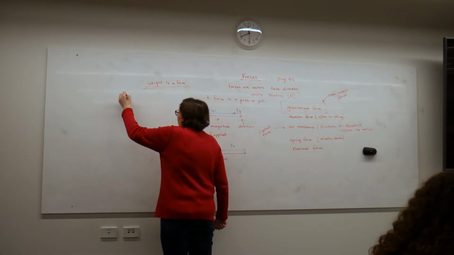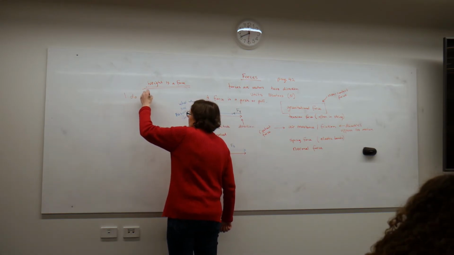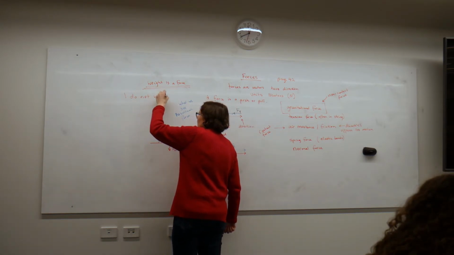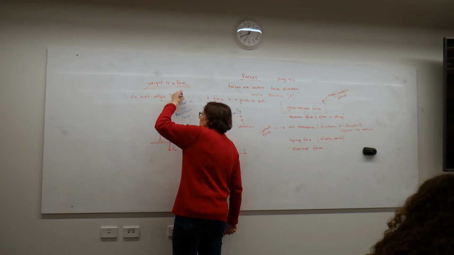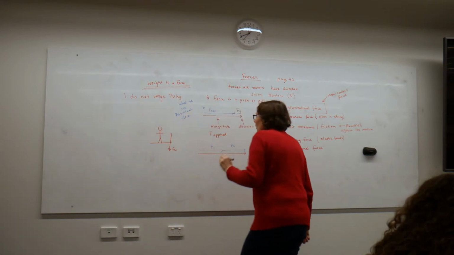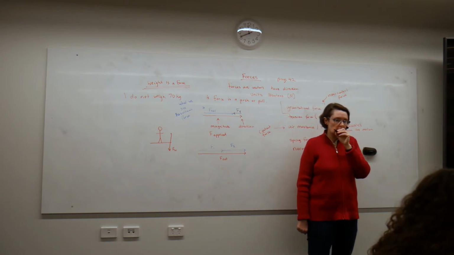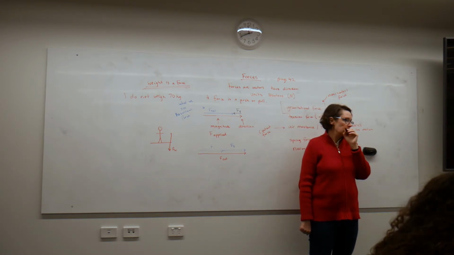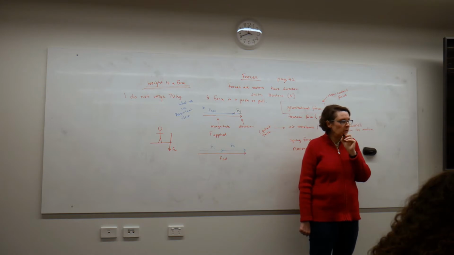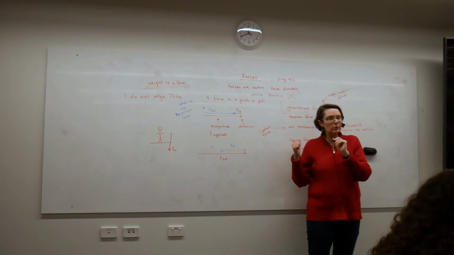I do not weigh 70 kilos. What would I weigh? Would it be 17 newtons? Not 70 newtons, but we're on the right track. It's got to be in newtons because it's a force.